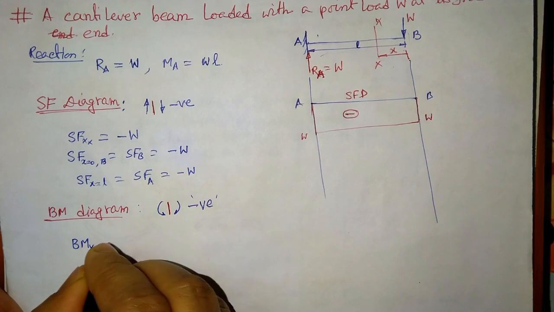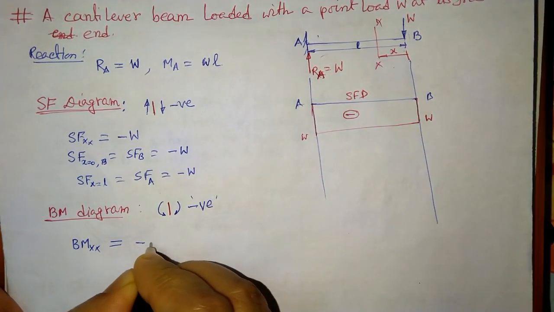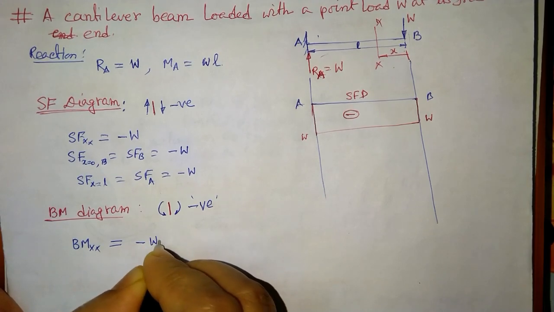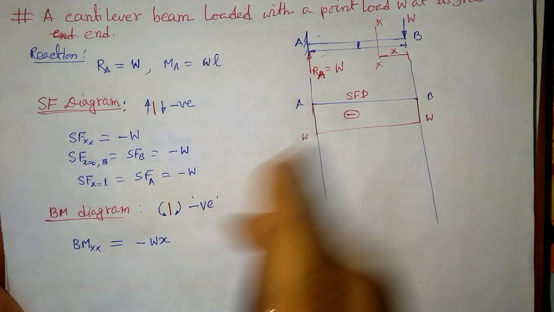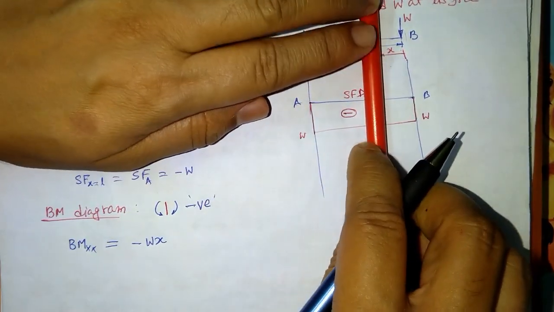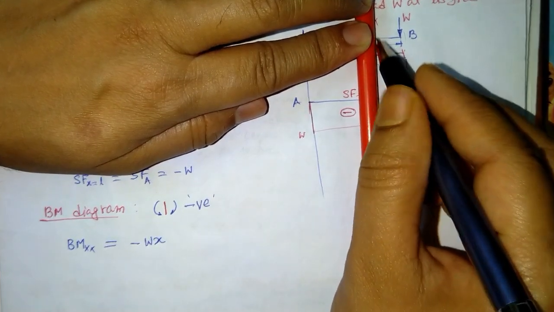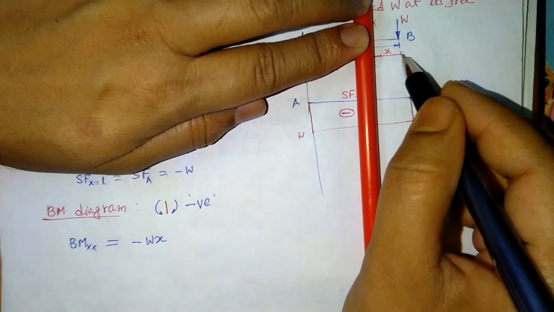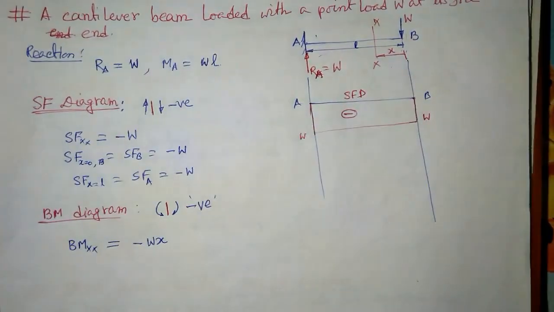Bending moment at XX, what we can write, this is negative, so minus W into x, right? So force into perpendicular distance. Let's take this section, so the line of action of the force and the point about which we are finding the bending moment, that distance is x, so W into x is our bending moment.